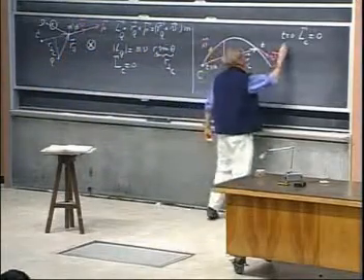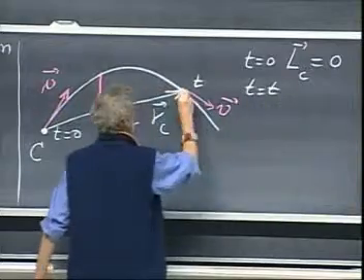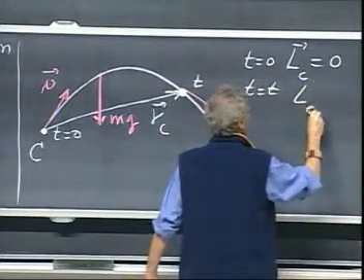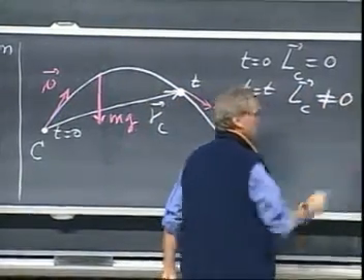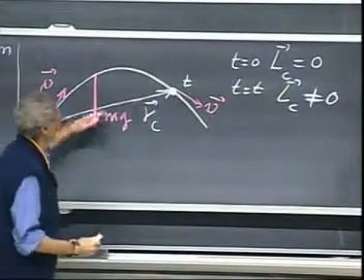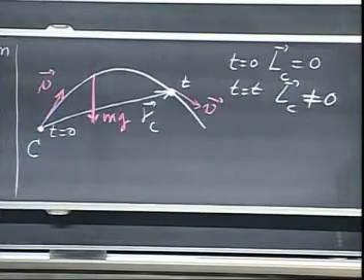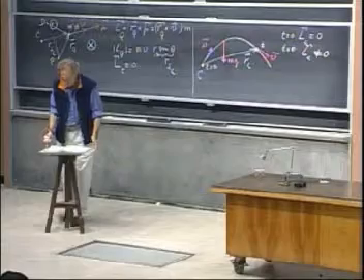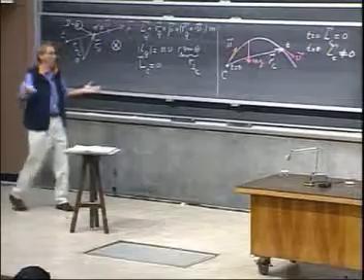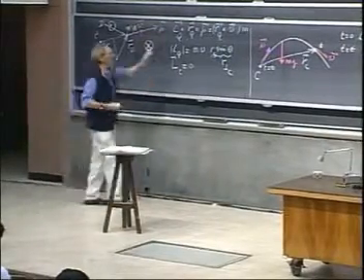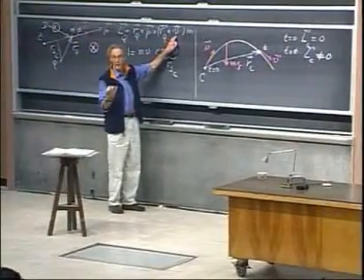What is the angular momentum at time t when the object is here? Well, that angular momentum is clearly not 0. Because you see here position vector and you see the velocity. So clearly the angular momentum was changing. Now you will say, of course it was changing. Big deal. Because angular momentum has a velocity vector in it.